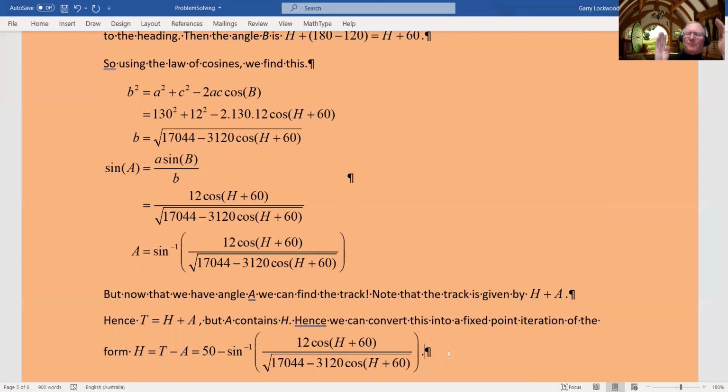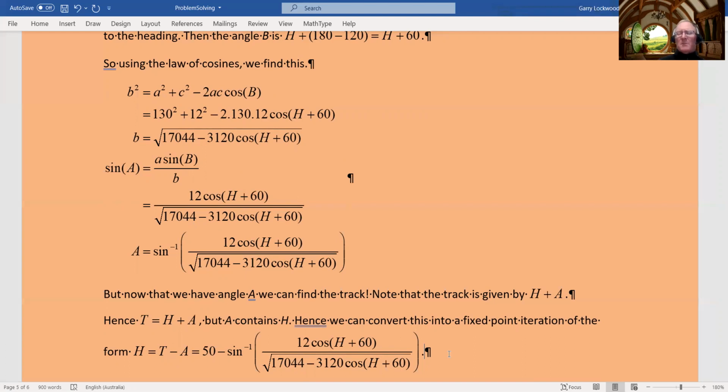We feed that into the equation, we get a new number, that becomes our new x. We feed that into the equation on the right again, we crunch all the numbers, we get a new value, which we put into x again, and now we've got a third value for x, which is hopefully getting close to the answer, and we feed that in, and so on. And we just repeat that.